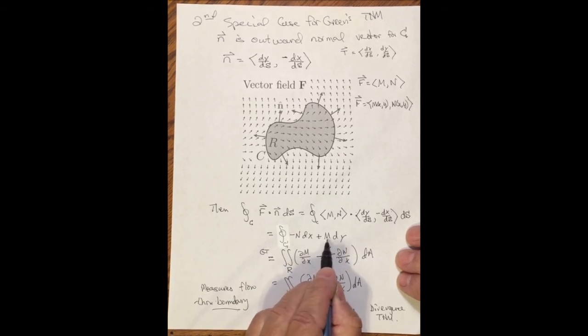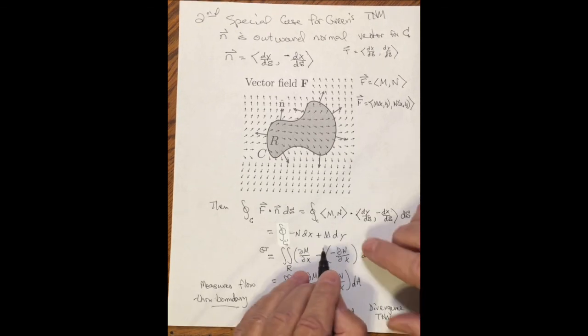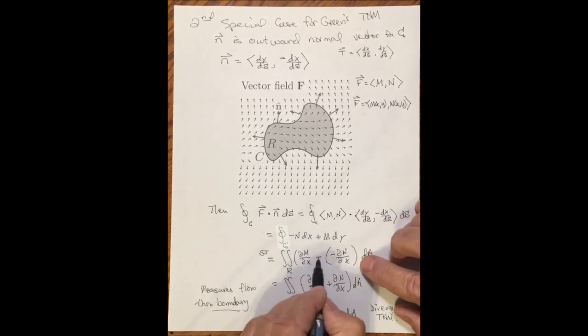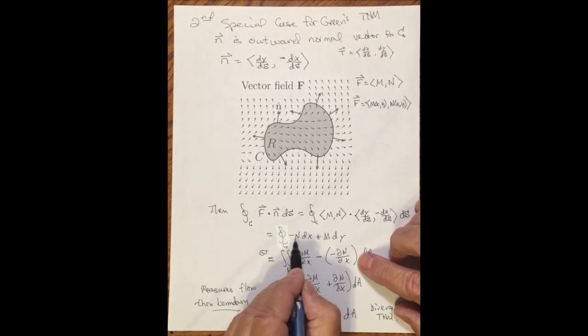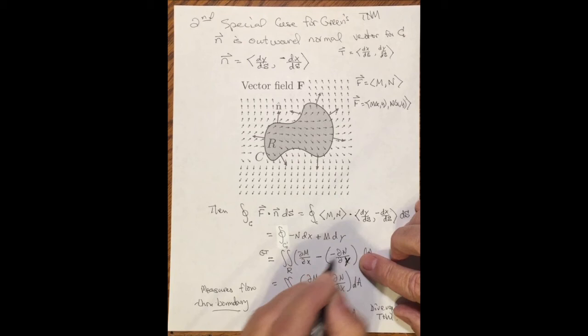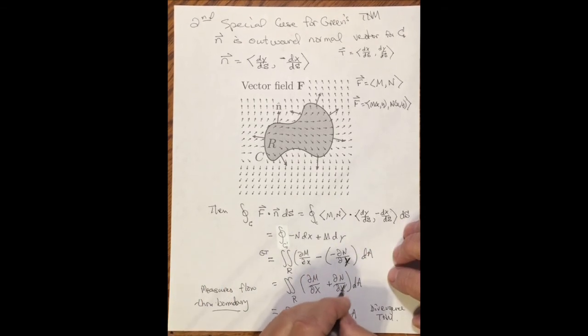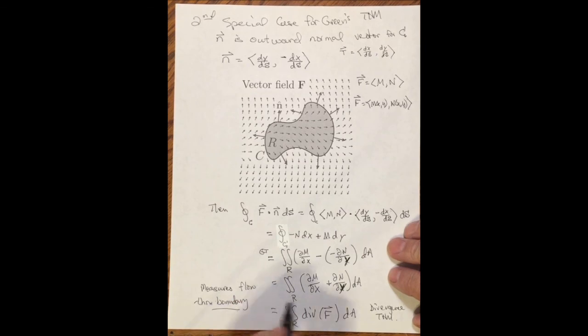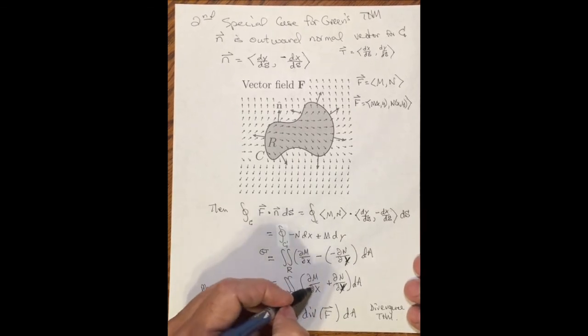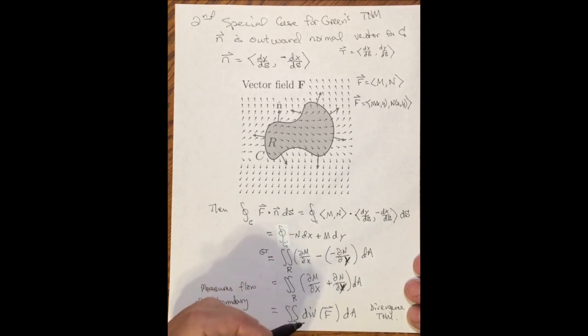It doesn't matter whether I call that M or Q or R or W. Whatever this is, Green's theorem says we differentiate it with respect to the other variable. Now it's going to be minus, I want to differentiate this with respect to y. Okay, that should be a y. All right, and then we have minus a minus, so that's the partial with respect to x plus the partial with respect to y. And if you look at that, that becomes the divergence of F.